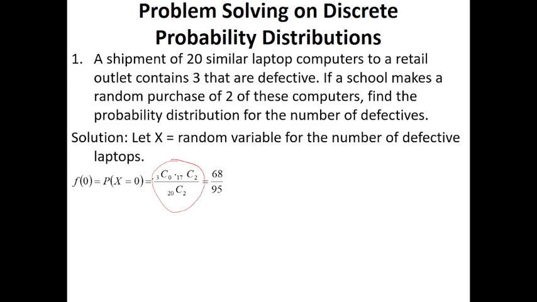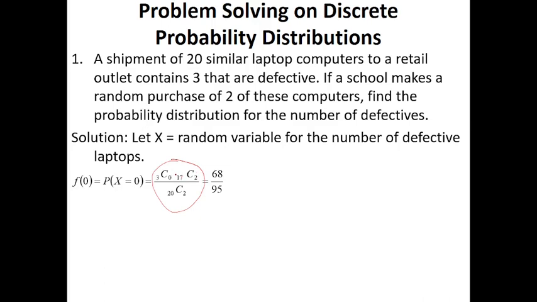No? So therefore, from 3 defective laptops in the population of 20 similar laptop computers, we are to select none. No? So that is 0. So 3C0 multiplied by 17C2.